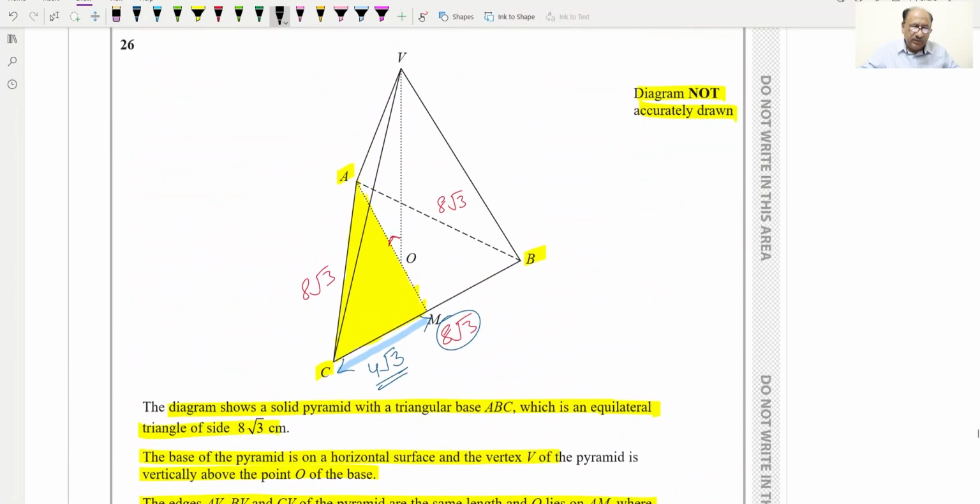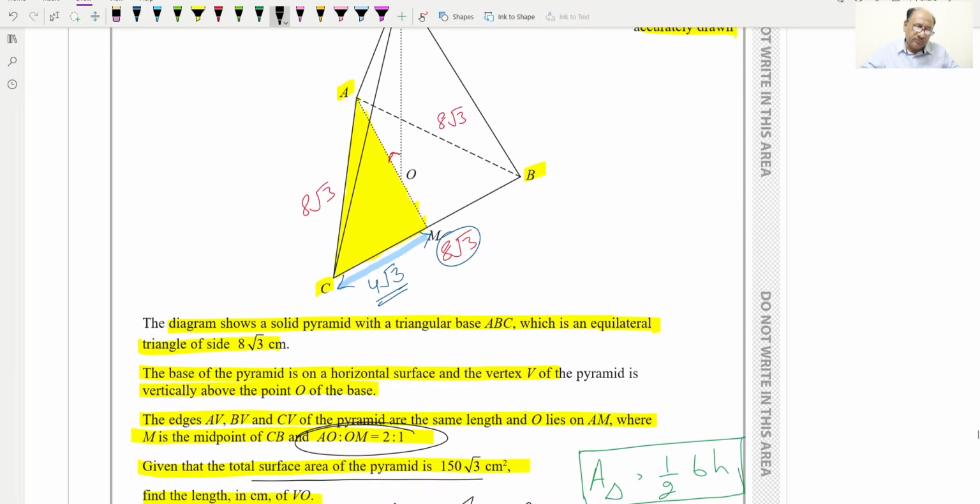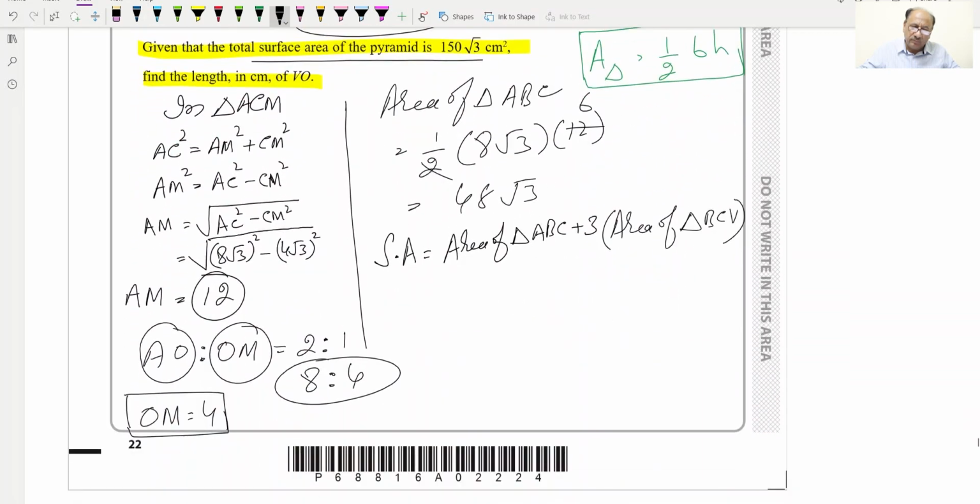If we find the area of triangle BCV, then it will be easier for us. We will multiply it by 3 and that will give the triangular faces of the pyramid. So this will be the area of BCV, which we don't have. We can calculate the area of BCV.